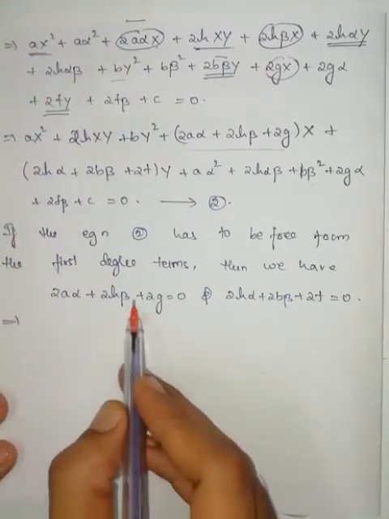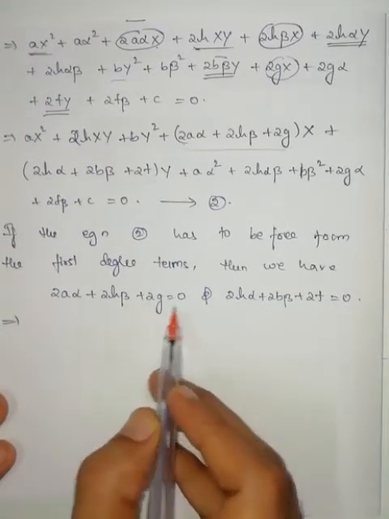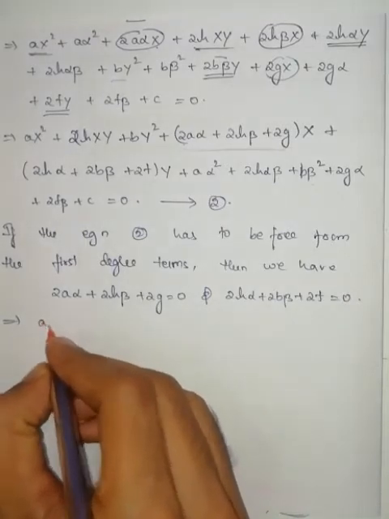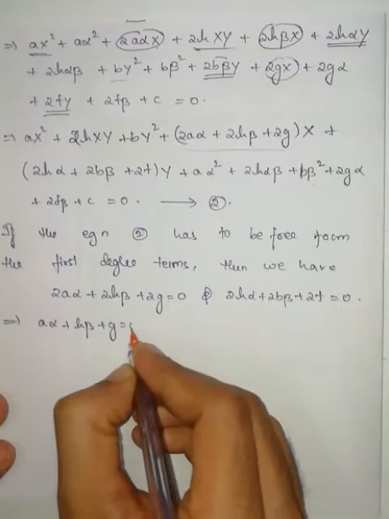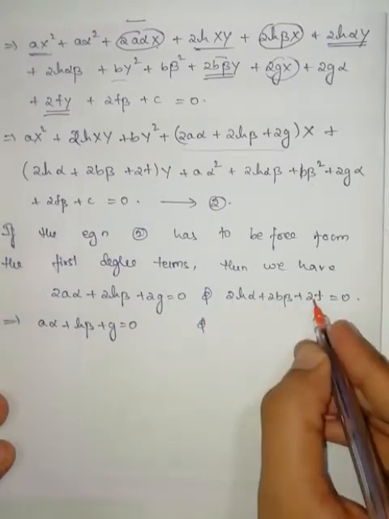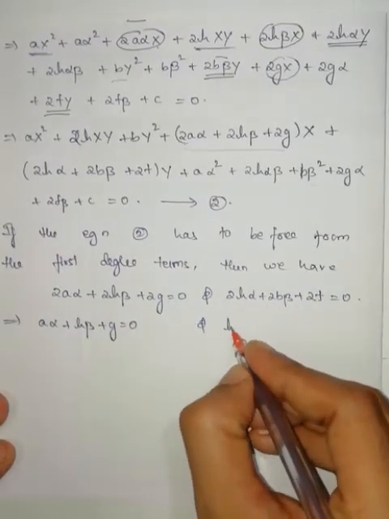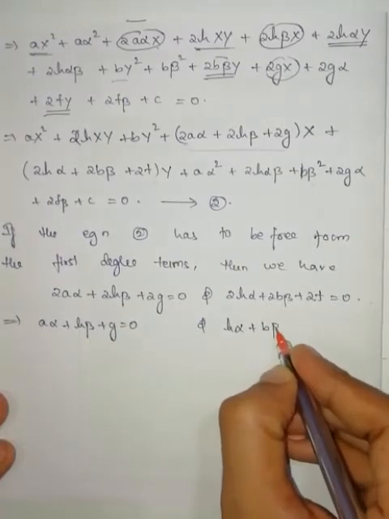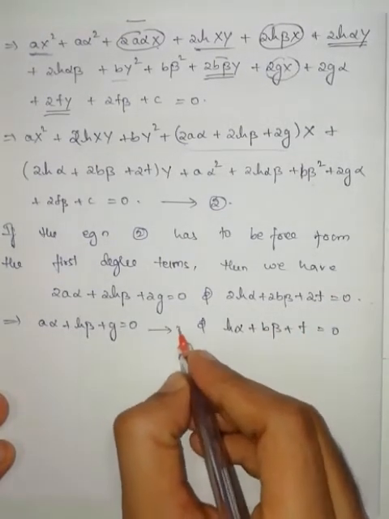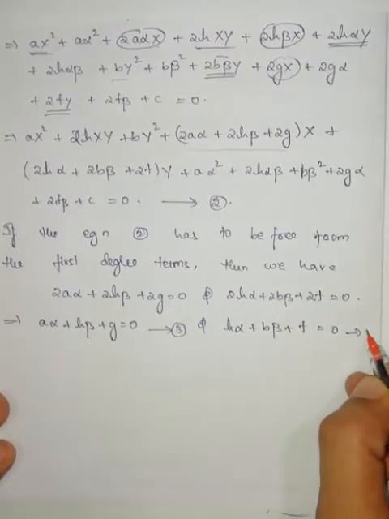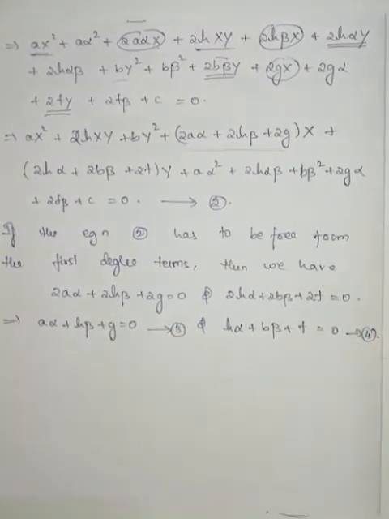From this one I am going to take 2 common and send it to the right hand side, we will get a alpha plus h beta plus g is equal to 0, and here also 2 common and sending to that side, h alpha plus b beta plus f is equal to 0. Equation number 3. Equation number 4. Now we have to solve equation number 3 and 4.